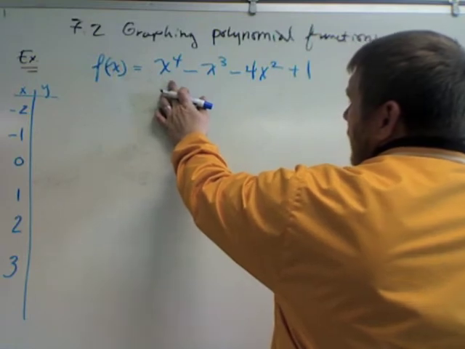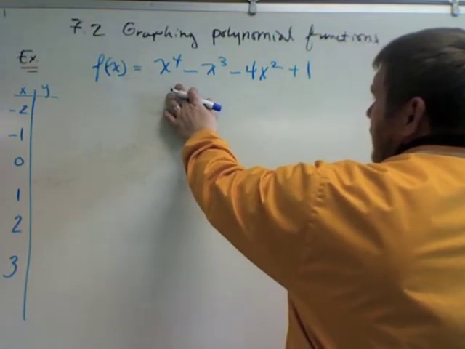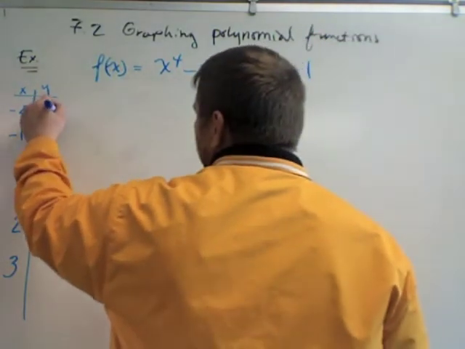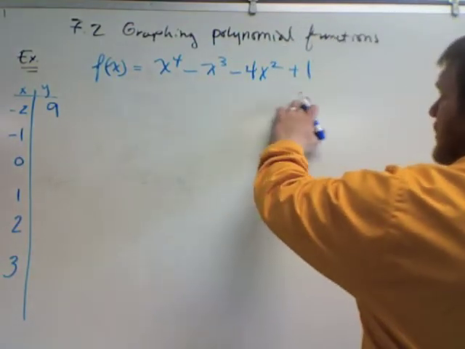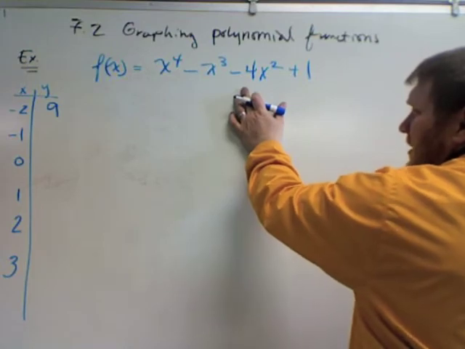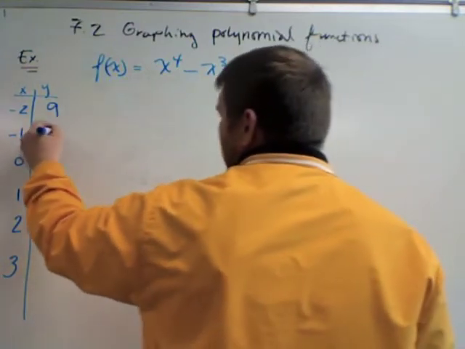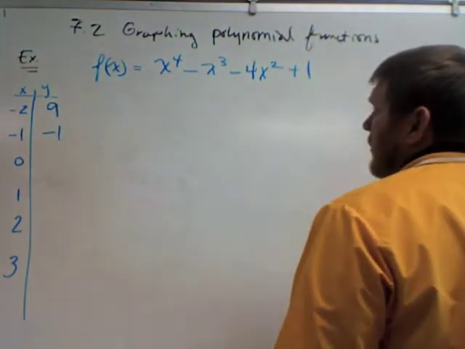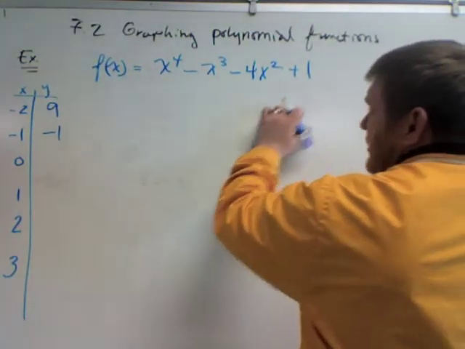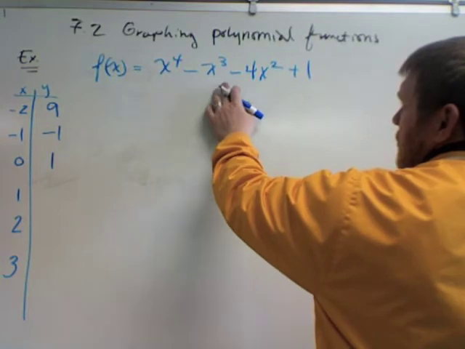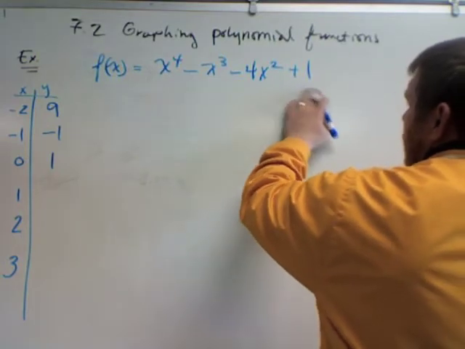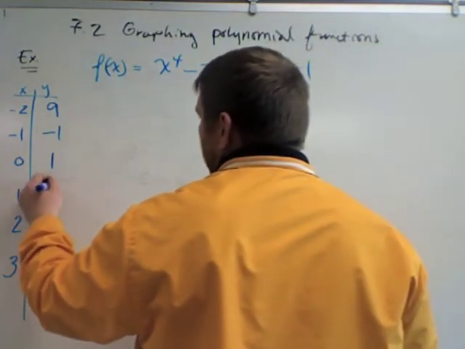So if I plug -2 in, I get 9. I plug negative 1 into this function up here, I'm going to get negative 1. If I plug 0 in, that should be easy, just get 1. I plug 1 in, I get 1 minus 1 minus 4 plus 1, which is negative 3.